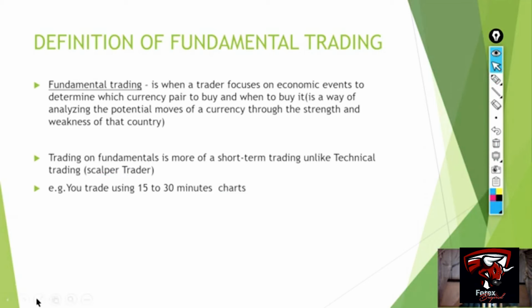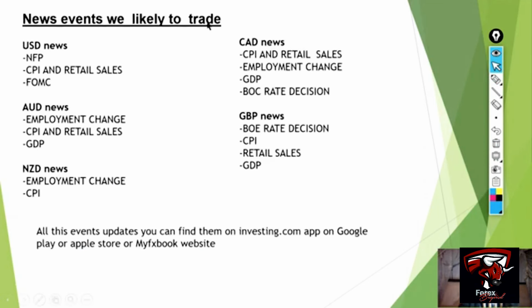Okay. News events we are likely to trade. The news events we are likely to trade occur on the macroeconomic indicators, meaning the overall view of the economy. Firstly, we have the USD news. We have the NFP, which stands for the non-farm payrolls.